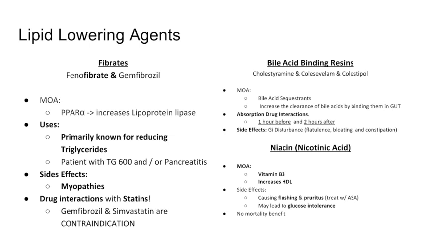Our next class are our bile acid resins. So we have a few here listed. Specifically, in its name, they're bile acid resins, bile acid sequestrants. So what we're doing here is we're actually causing an increase in the clearance of your bile acids. Therefore, your body has to make more of them. If your body has to make more bile acids, it's going to be using more of its actual cholesterol inherently to make more bile acids.